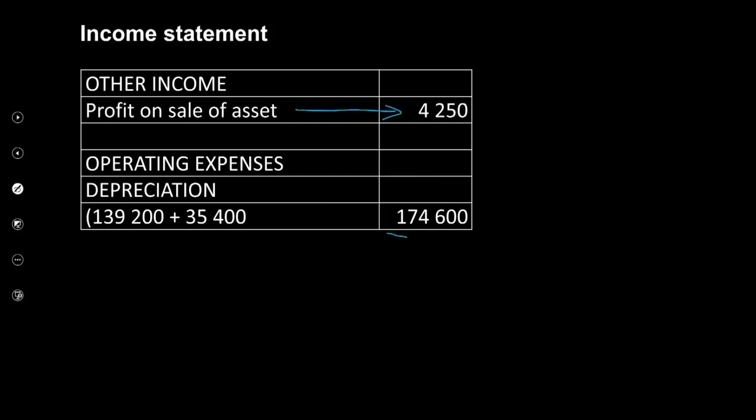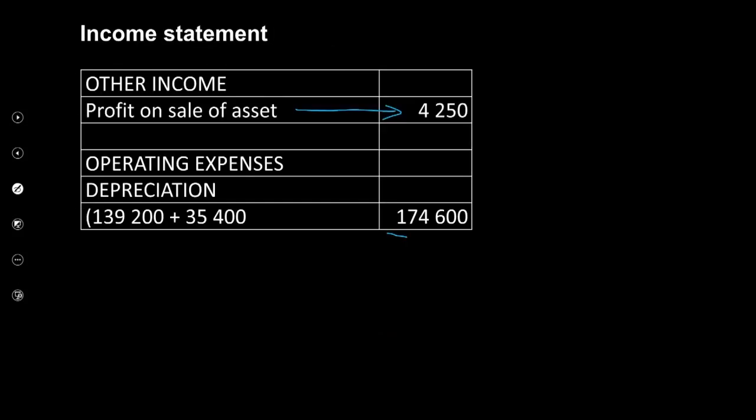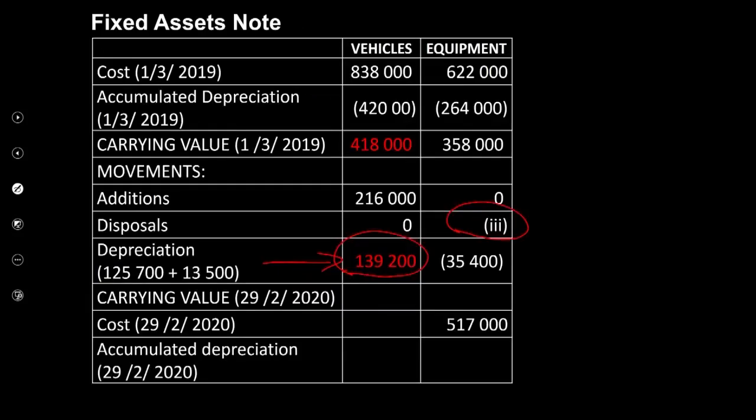Obviously, you know where that came from. That came from the profit on the disposal of the equipment. And then your depreciation. Remember, you had two components of depreciation. You had the 139,200, which was your depreciation on your vehicles, and you had depreciation on your equipment of 35,400.